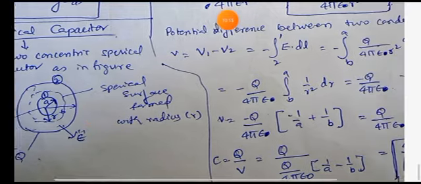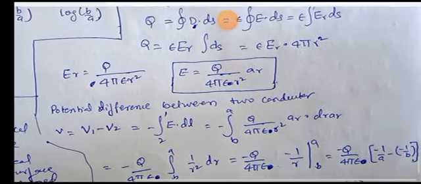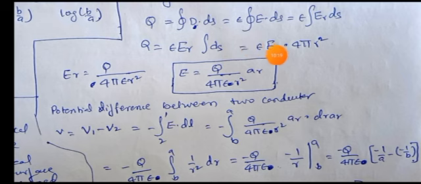What is the area of the electric flux around the inner sphere? It is 4 pi r squared. Directly you can write, or you can take the integration, or you can substitute directly 4 pi r squared. So E_r equals Q by 4 pi epsilon r squared. So E equal to Q by 4 pi epsilon r squared a_r, in the direction of a_r.